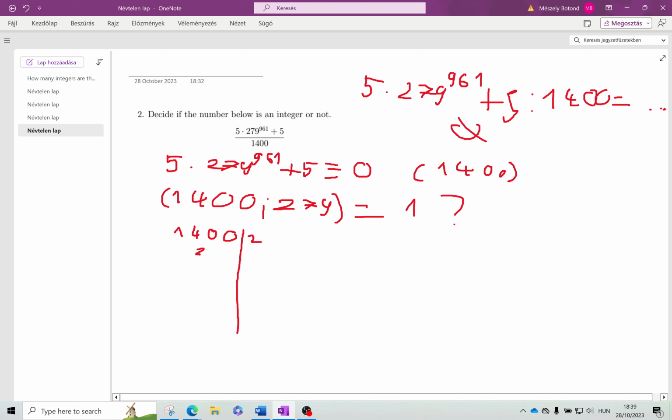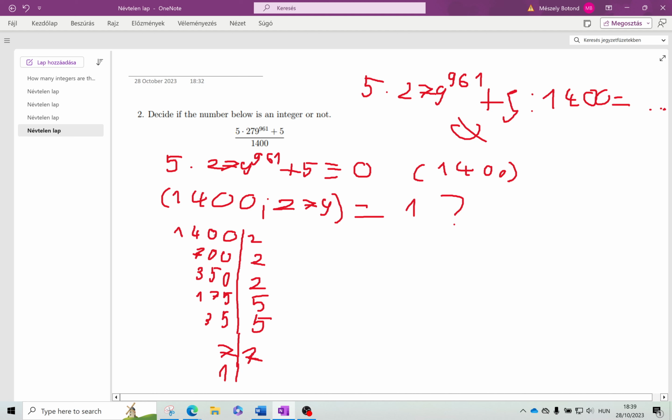First, we factor 1400: 2, 700, 2, 350, 2, 175, then 5, 35, 5, 7, and 1. Hopefully everyone knows how to do this, because it's quite a big part of this midterm.